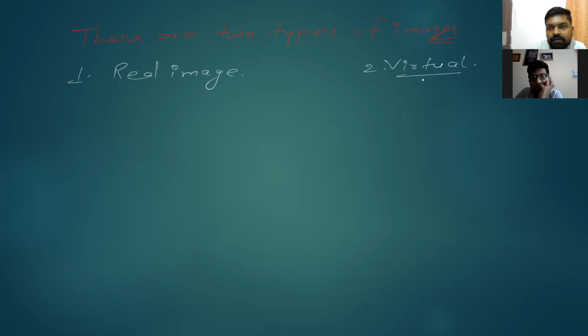So there are two types of images. First is real image, and second is virtual image.